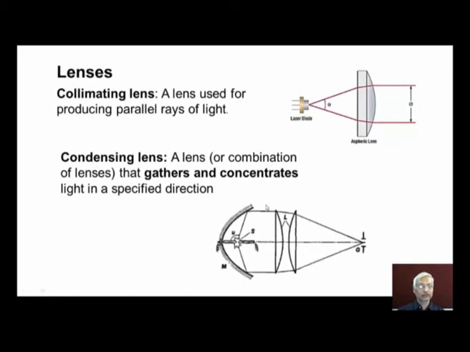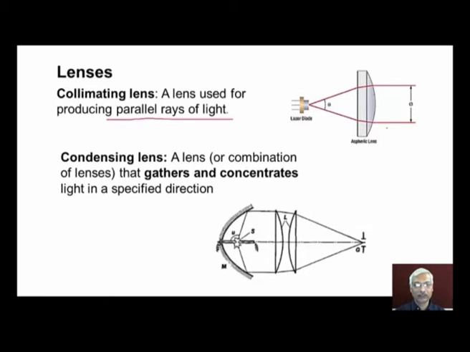And different optical lenses are used to manipulate the path of the light. Collimating lenses are used, and these lenses are used to produce parallel rays of light. You can see here we have a light source. We get light in this fashion, and we want to make them parallel.